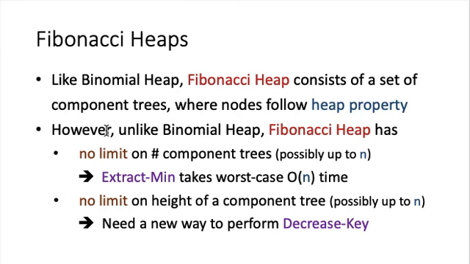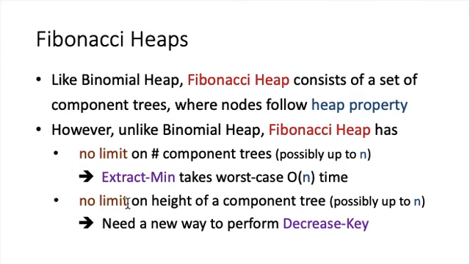But unlike binomial heap, Fibonacci heap has something that is very uncontrollable. First of all, there is no limit on the number of trees that it can have. For binomial heap, there will be only order of log n trees, but for Fibonacci heap, the number of trees could be up to n. So in that case, extract min, in the worst case, may take up to an order of n time.